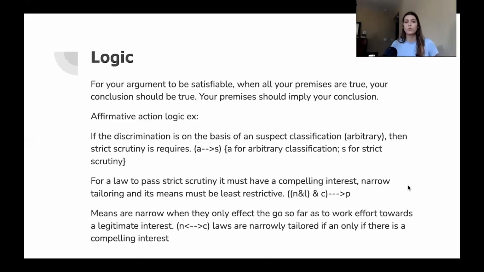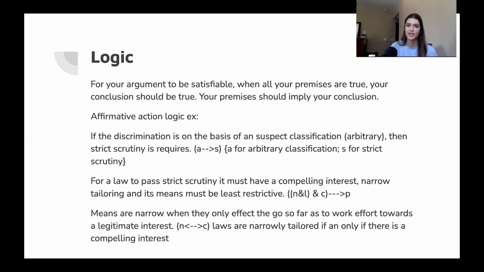One last thing before we wrap up, I wanted to mention logic. Logic is really an underlying concept in the law, but one thing you need to be very careful of when you're creating your argument structure is that your argument is satisfiable, which means that when your premises are true, the rules you're citing hold.